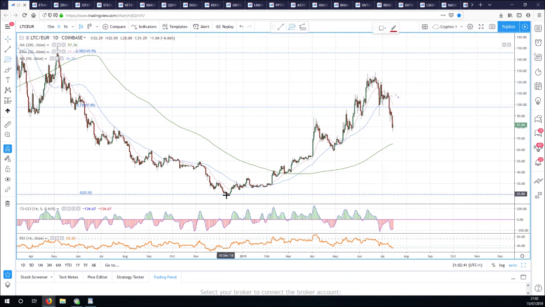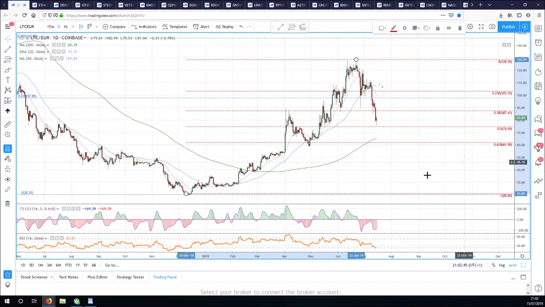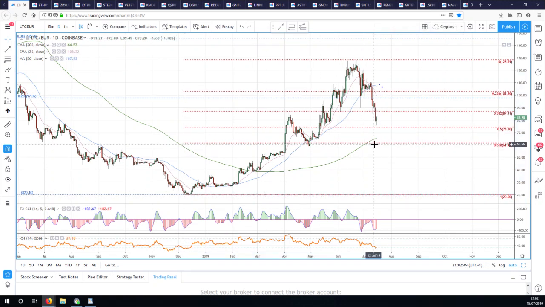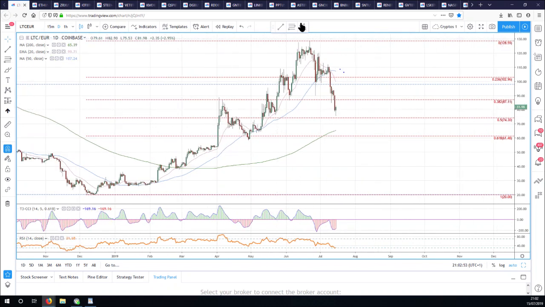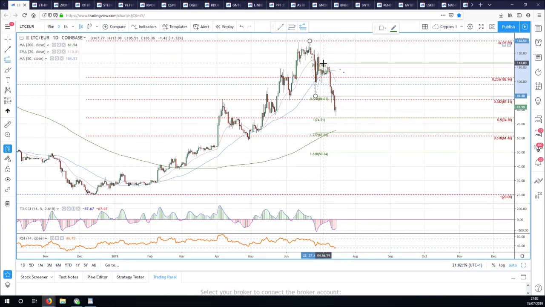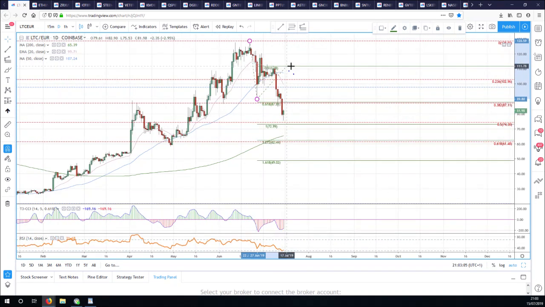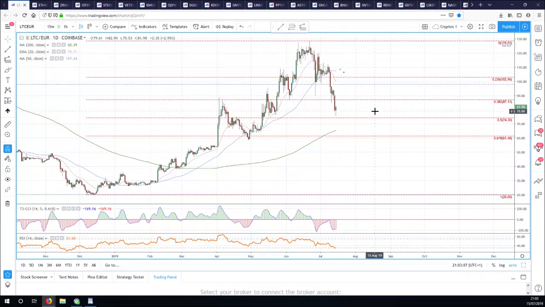Okay. In the Litecoin Euro, we're really close to 50% back. It's a shame because in the dollar we had it exactly. Sometimes that happens. Now if I cheat a bit with my ABC, we're almost there.